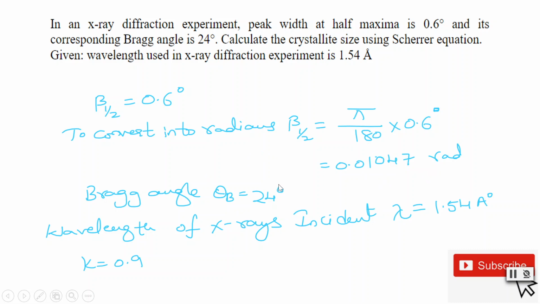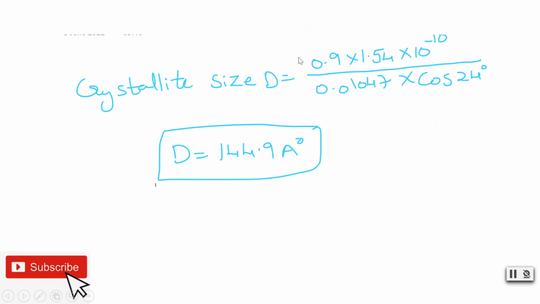Next we have the Bragg angle, which is given as 24 degrees, the wavelength of the incident X-rays as 1.54 Angstrom, and k is 0.9. Substituting all these values in the Scherrer equation, we get the crystallite size. Here k is 0.9, and 1.54 Angstrom, where 1 Angstrom is 10 power minus 10 meters, and this is the full width at half maxima in radians, and cos of the Bragg angle.